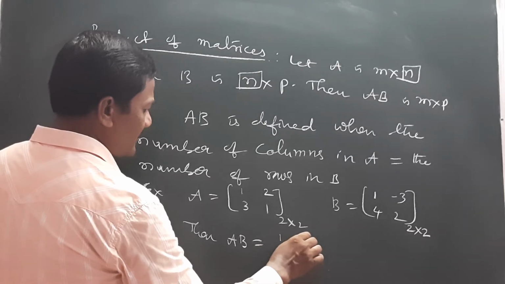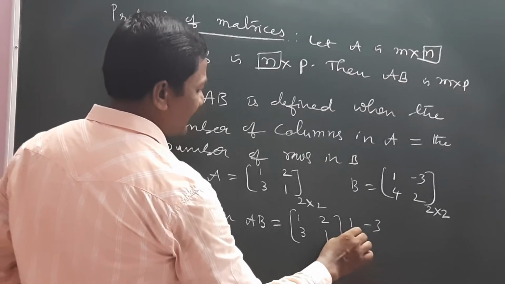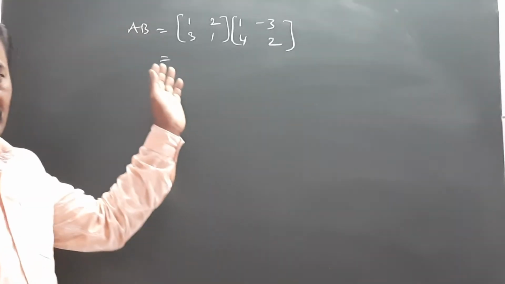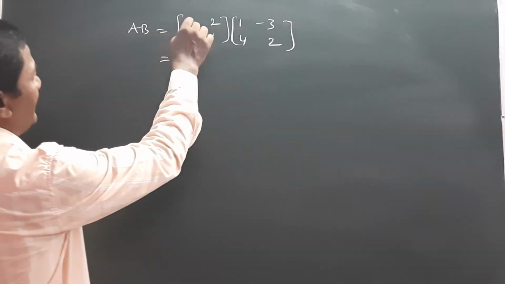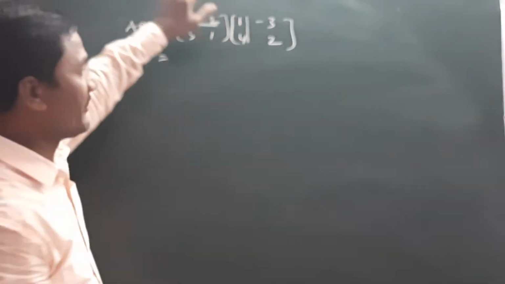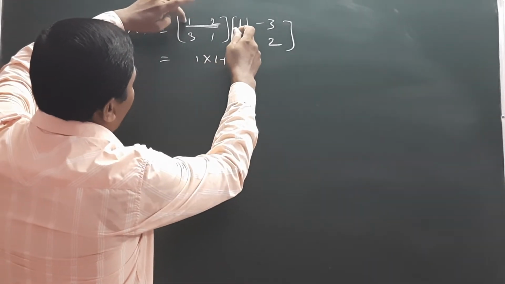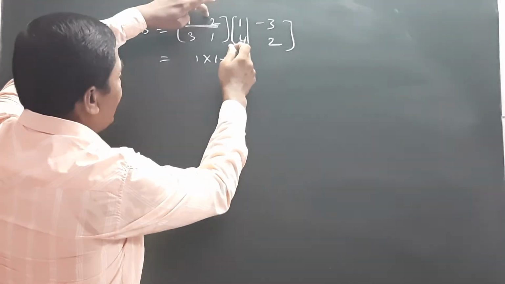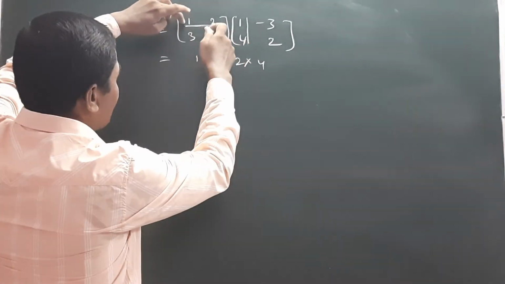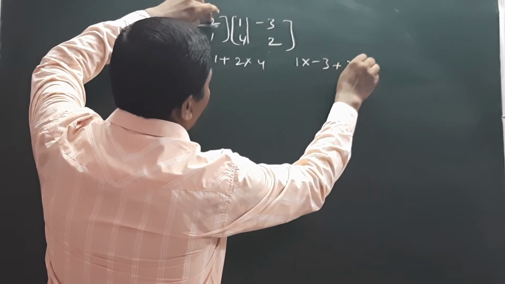A is 1 2 3 1 into 1 -3 4 2. How do we multiply this? We multiply a row with a column. That means 1 into 1 plus 2 into 4, the first element with the first element and the second with the second. Similarly the first row multiplies with the second column also: 1 into -3 plus 2 into 2.